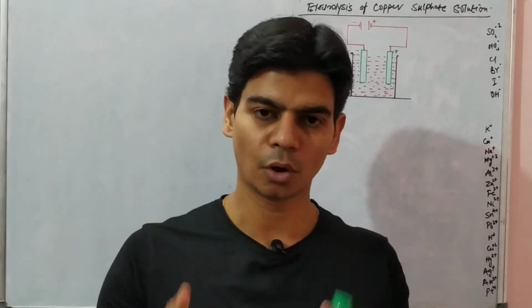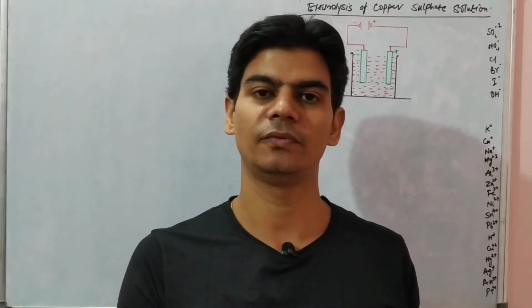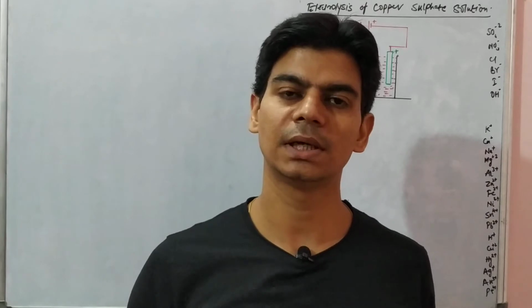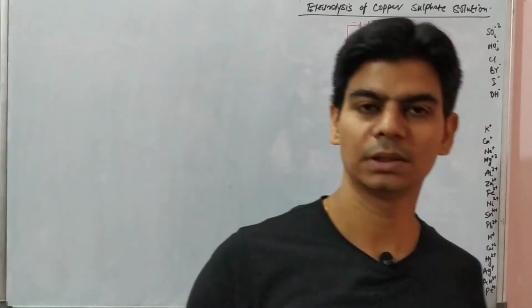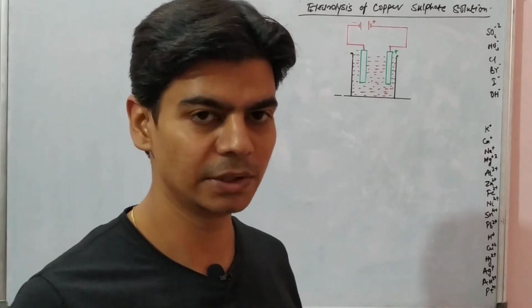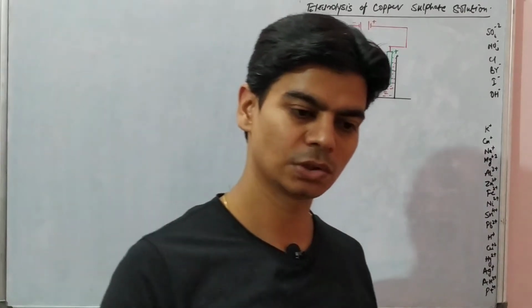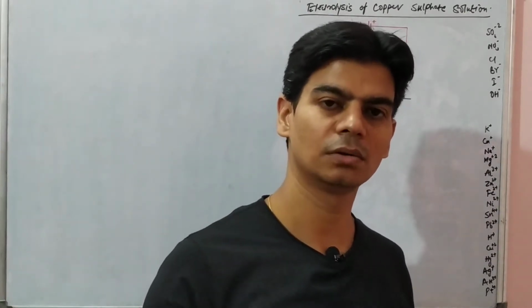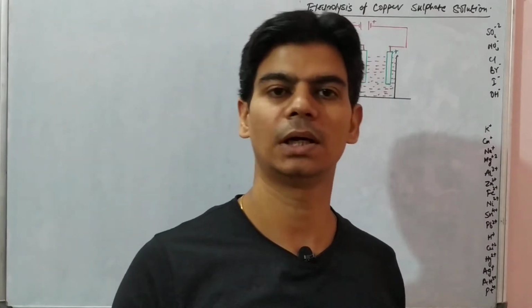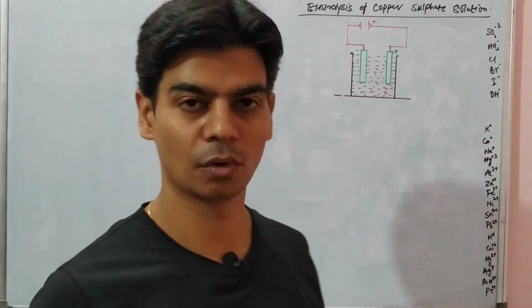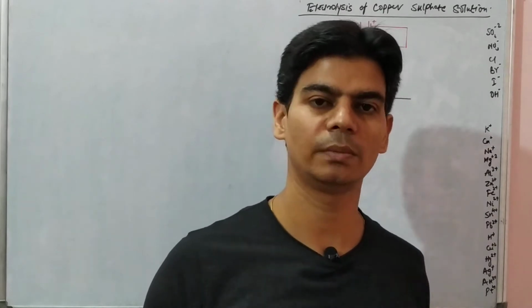If we take a copper anode, and in the second case a platinum anode, we will see that the product of electrolysis is different. So the main thing to focus on is the nature of electrode, because depending on it, the product we get on electrolyzing copper sulfate solution would be different.